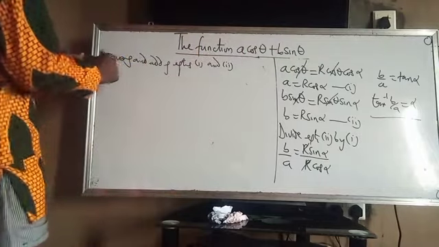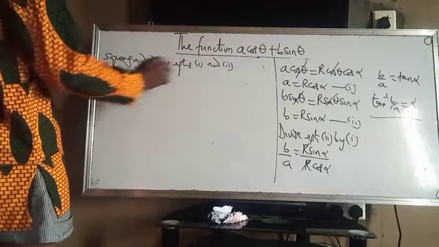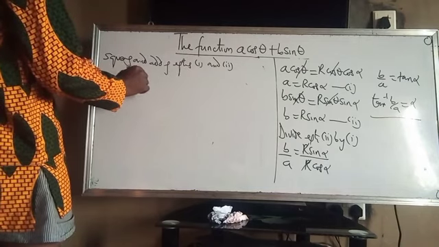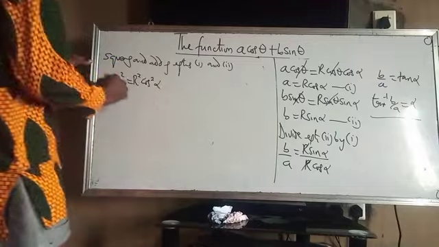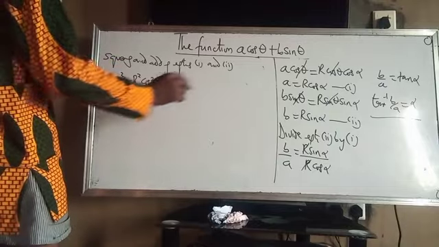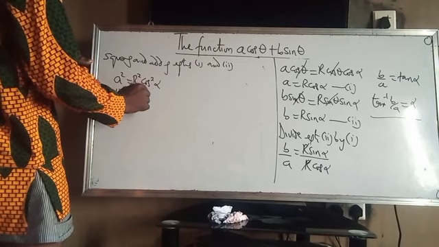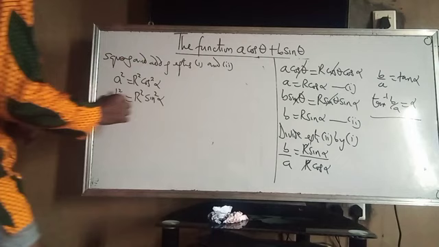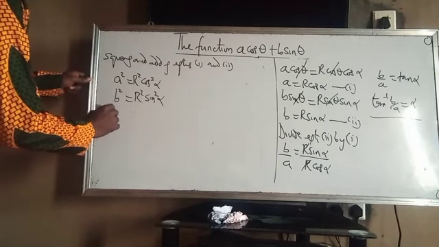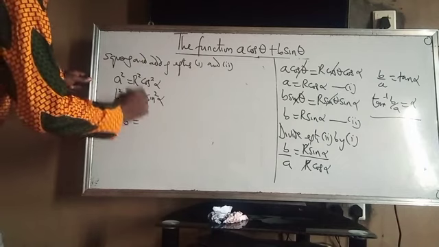When you square equation 1, you have a square equals r square cos square alpha. When you square equation 2, you have b square equals r square sine square alpha. So when you add them together, you have a square plus b square.